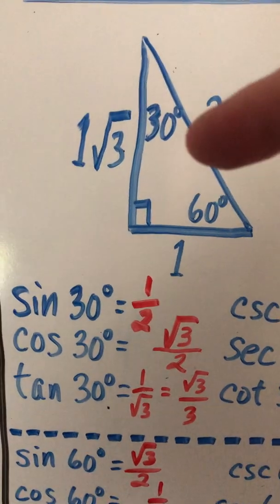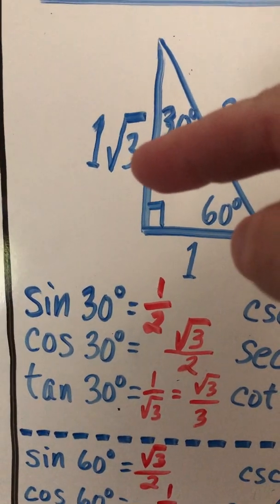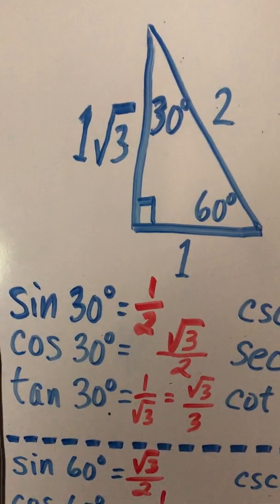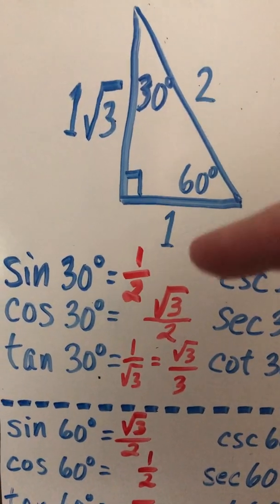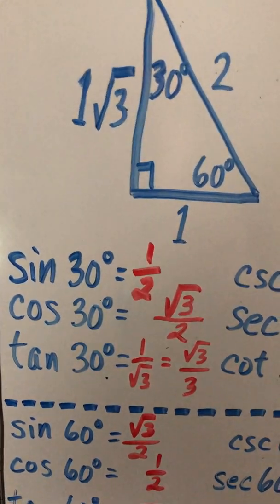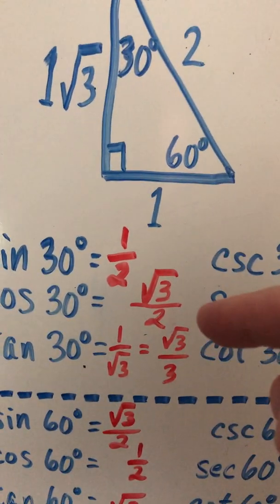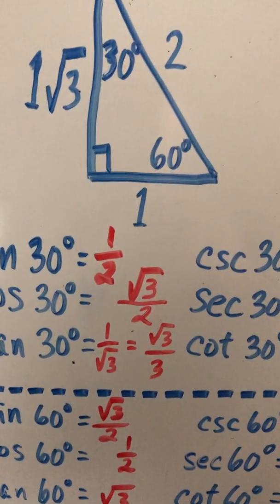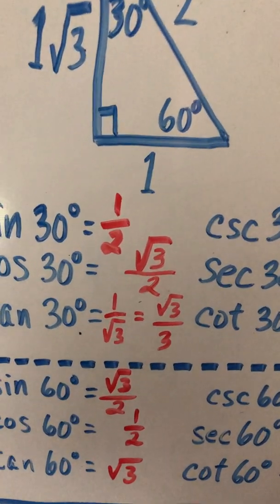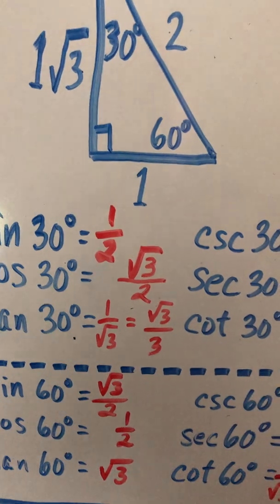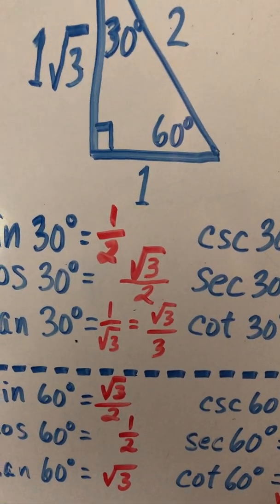Cosine of 30 is adjacent over hypotenuse, or square root of 3 over 2. Tan of 30 is going to be 1 over the square root of 3, which simplifies to square root of 3 over 3. You'll have to watch another video, maybe on YouTube, to see why that's true. I'm not showing that here, okay?